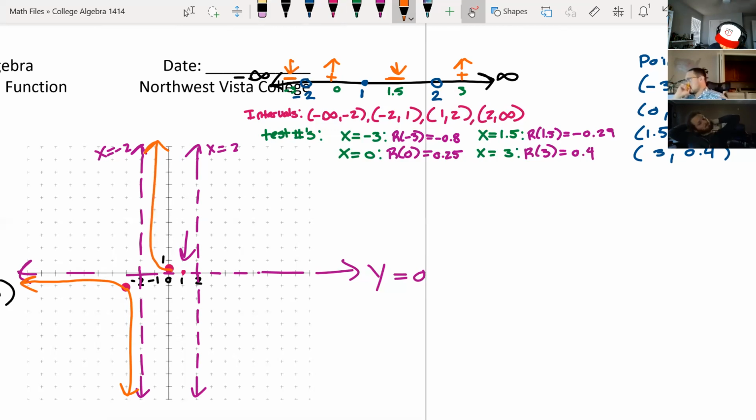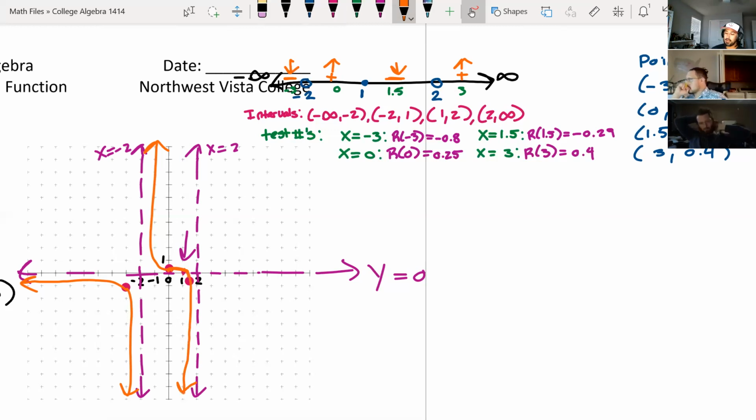So I'll connect to my x-intercept there. Okay. And then the next point we plot is 1.5 and negative 0.3, or 0.29. So that's going to be probably in there somewhere. And on that interval, 1 to 2, we are below. So just follow your vertical asymptote down.